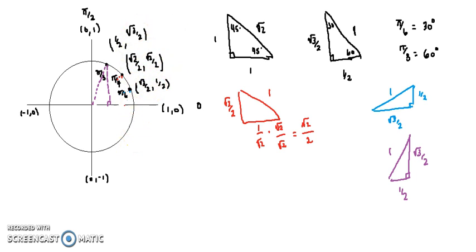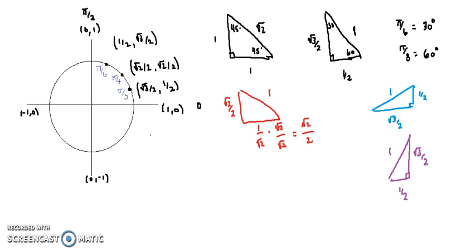Okay, now let me clean this up just a little bit. Okay, so I cleaned this up a little bit just so we can see the numbers better. If you can get this first quadrant right here, you can get the values all the way around the unit circle, and we'll finish this off in class, but just to give you an idea of what it looks like.